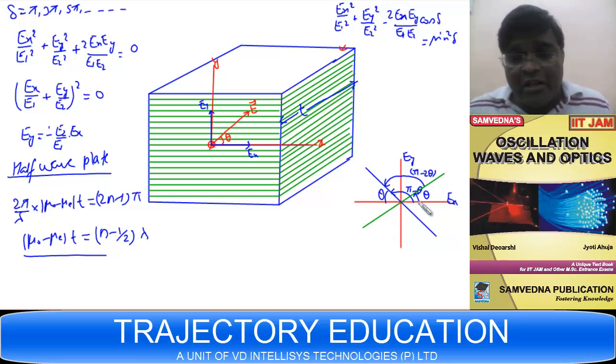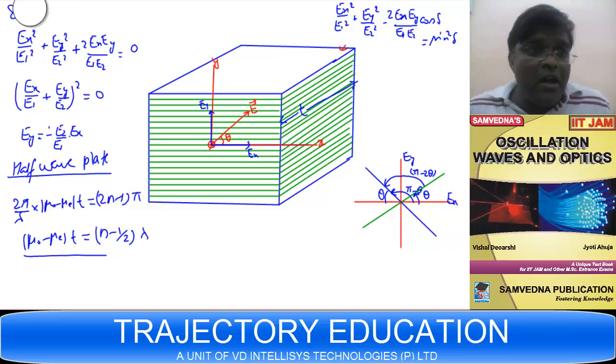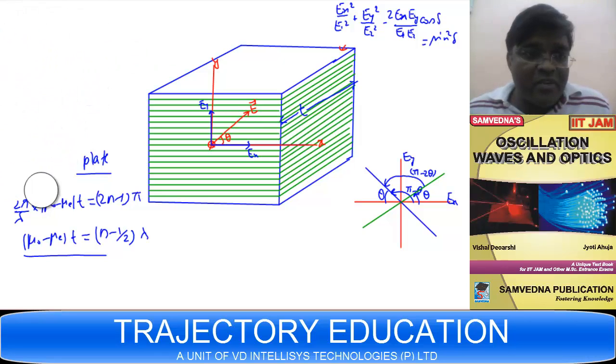Earlier the plane polarized light was having field vibration making an angle theta with the principal section, and theta and pi minus theta are measured in the same direction. If this is theta in anti-clockwise, this is also in the anti-clockwise direction. So earlier it was theta, now it is pi minus theta. So the amount of rotation is pi minus 2 theta, right? So the light remains plane polarized, but its direction of field vibration changes from theta to pi minus theta. All right. So that's called a half wave plate, right?